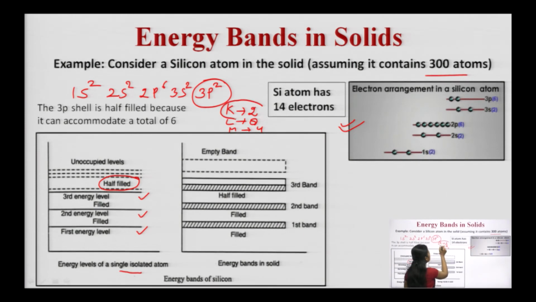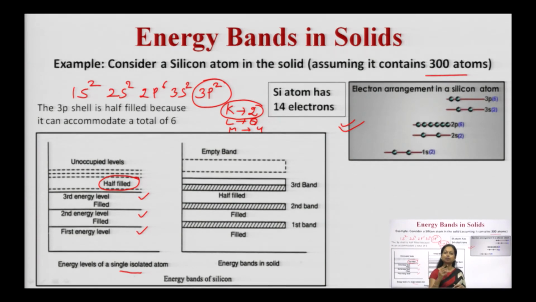If we talk about the K shell, it consists of the energy levels of each and every one of the 300 atoms, and since their energies are slightly variant, it is not possible that all 300 atoms will have the same energy. There will be a slight variation. Why? This is because no two electrons feel the same kind of charge environment, because the environment may vary, so the energy level may vary.